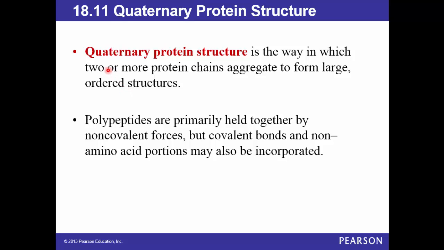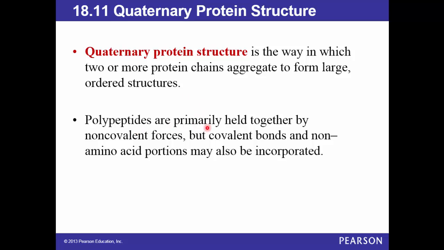Now, there is also something called quaternary protein structure. It is the way in which two or more protein chains aggregate to form large ordered structures. Now, if a protein consists of one subunit, it has a tertiary structure. If it consists of more than one subunit, meaning two subunits or more, called dimers, 3 trimers, 4 tetramers, and so on, then this will have a quaternary protein structure.